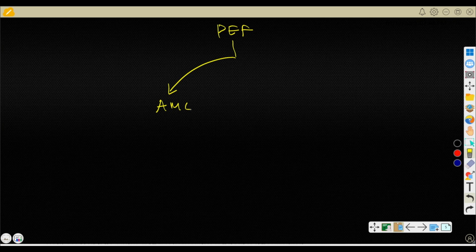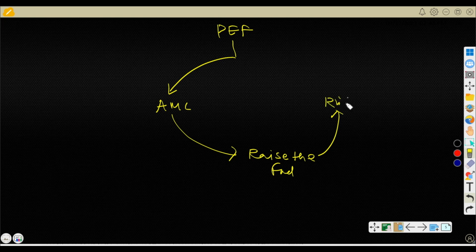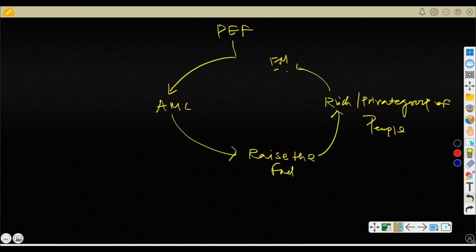So here the AMC raised the fund from rich people, rich or private groups of people. And then the AMC fund manager manages it.